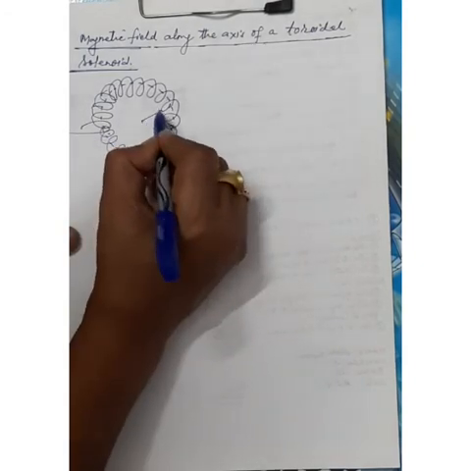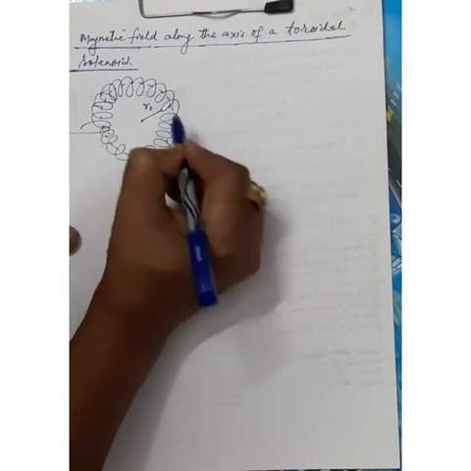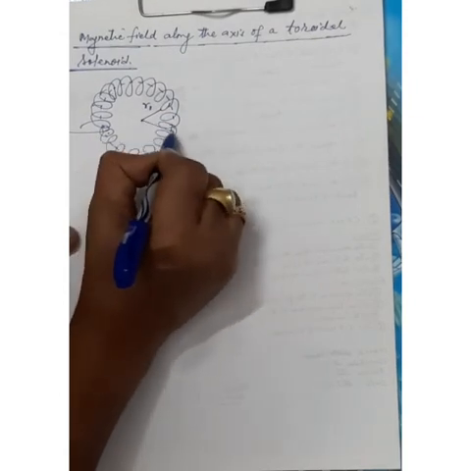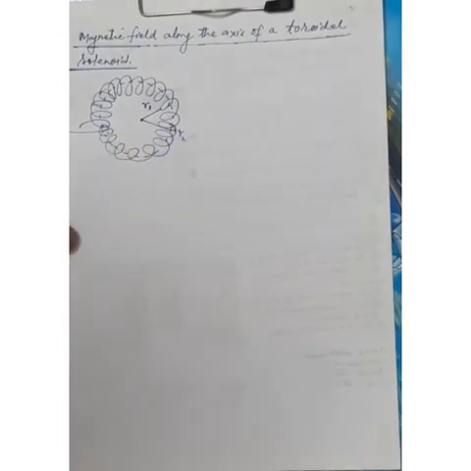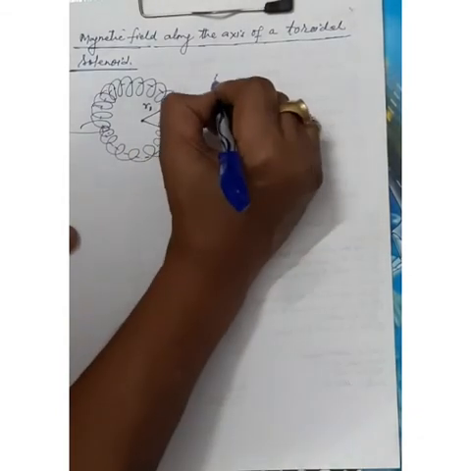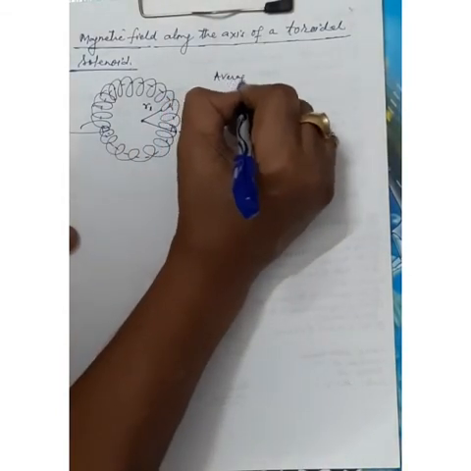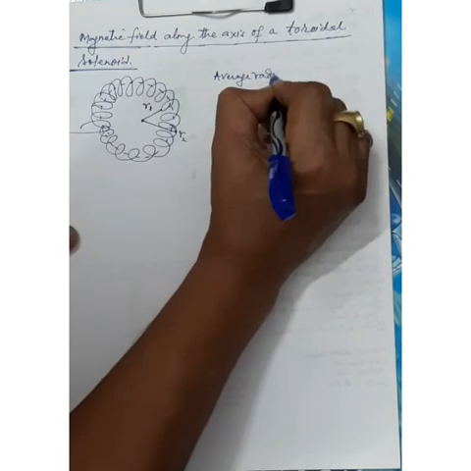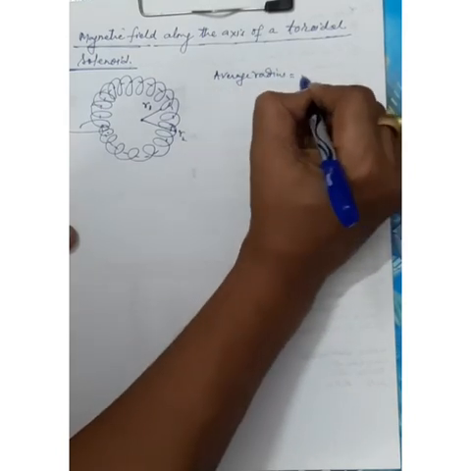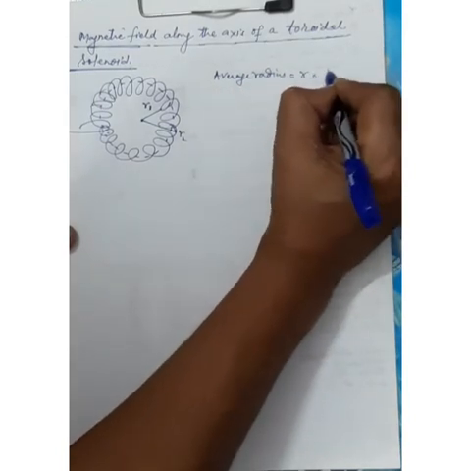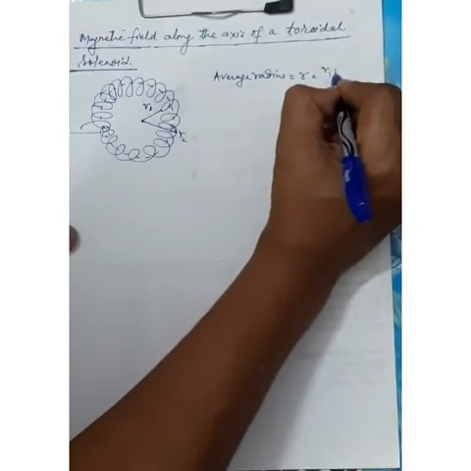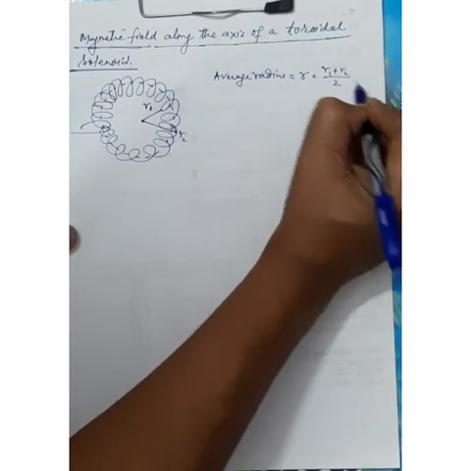Its inner radius is R1 and outer radius is R2, and the average radius is r, that is R1 plus R2 by 2.